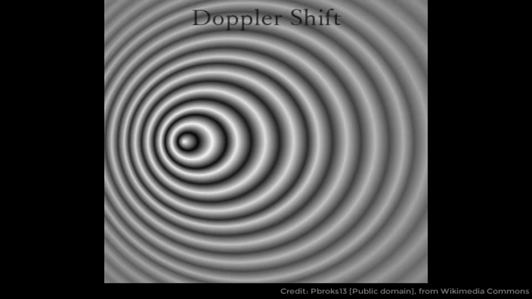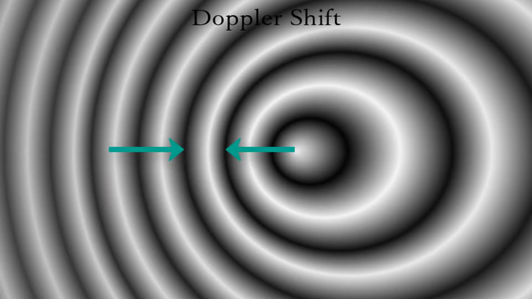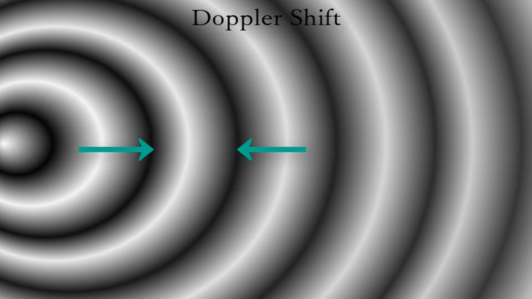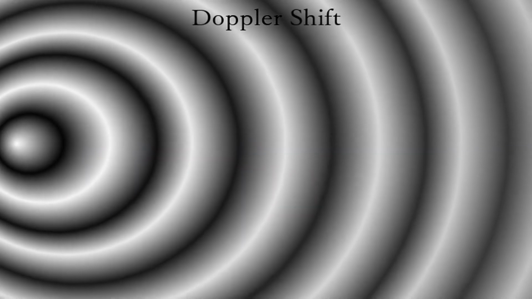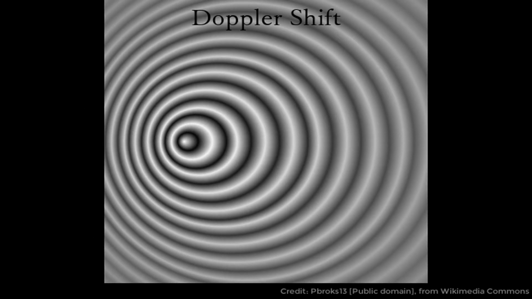In what is known as Doppler shift, when an object is moving relative to its surroundings, then the wavelength of emissions in the direction of the motion is shortened, while the wavelength in the opposite direction of the motion is increased. This is the case for all forms of waves, whether they be sound waves or light waves, coming from an object in motion.